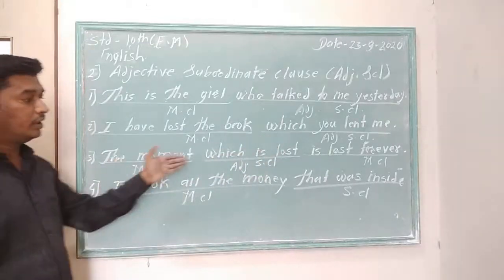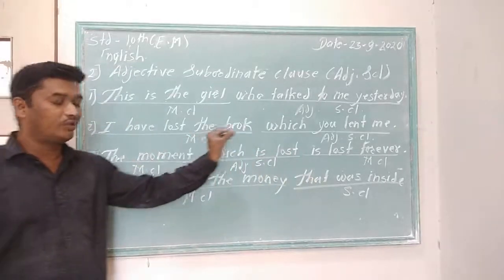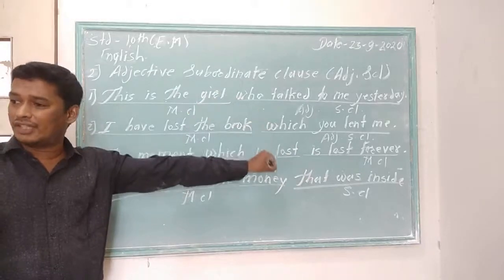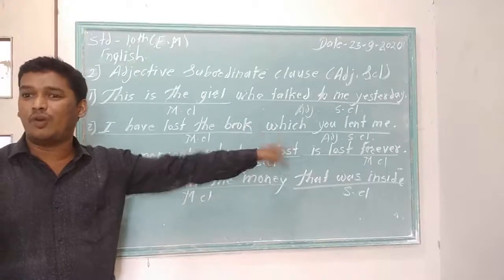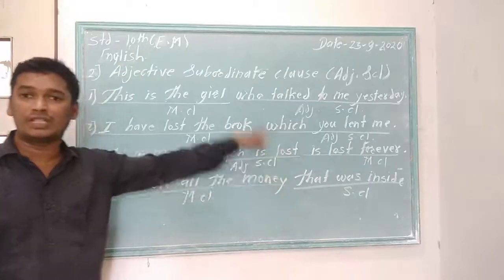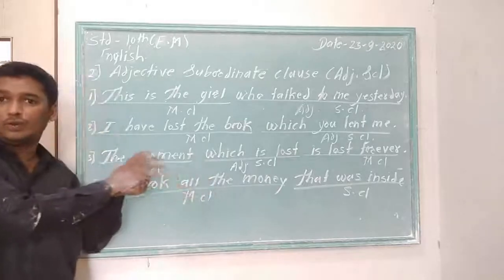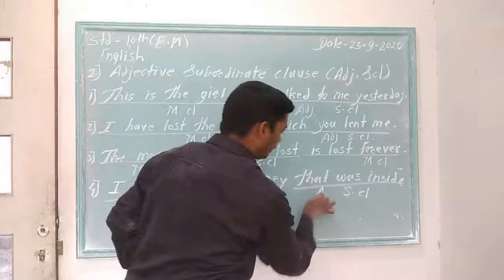I took all the money that was inside. That was inside is a subordinate clause. That means what? Money. So that subordinate clause tells more information about the noun in the main clause. The noun is money, so that is an adjective subordinate clause.